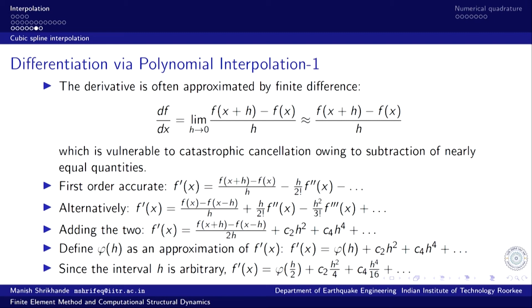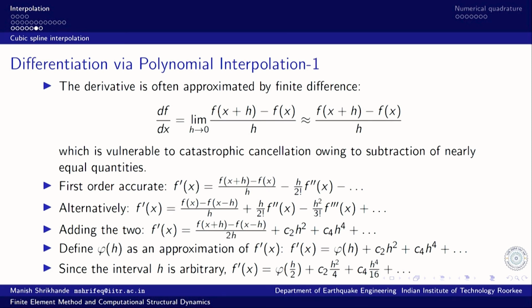Since h is an arbitrary interval, I can choose anything. If I choose half the interval, then this error term is also going to reduce, replacing h by h by 2. So, the second term becomes h square by 4, the third term becomes h to the power 4 by 16.